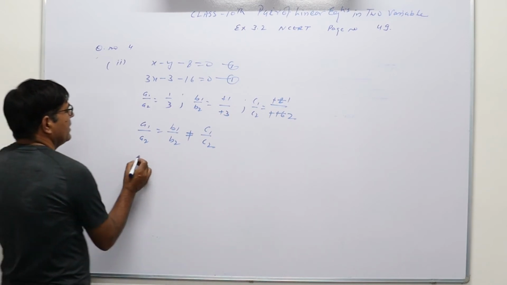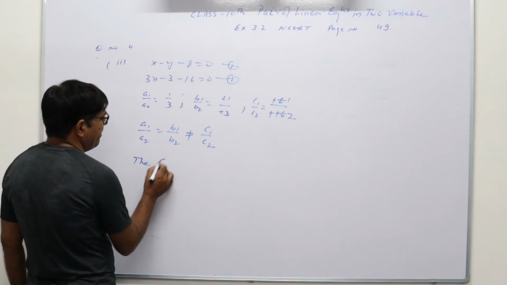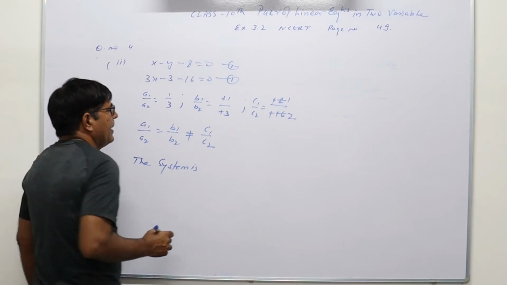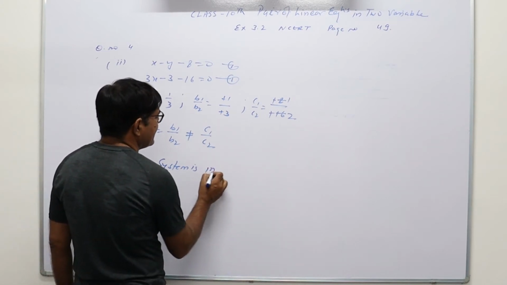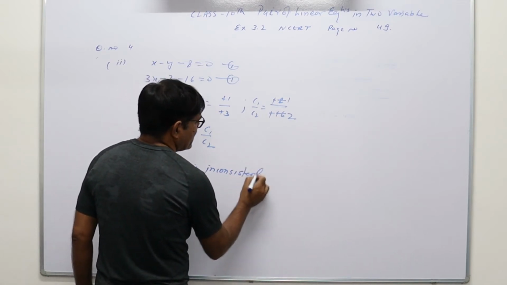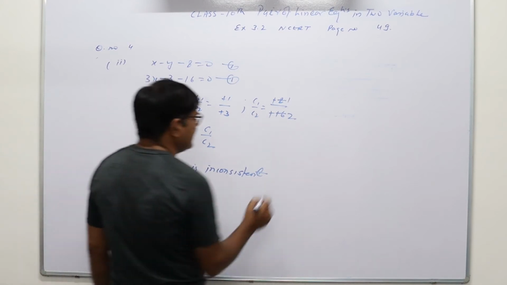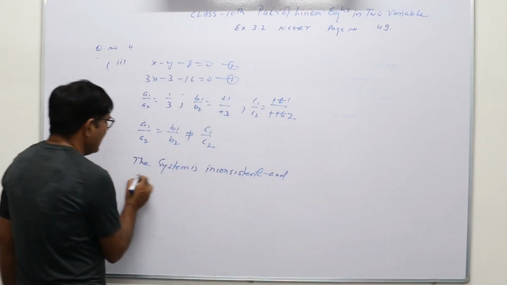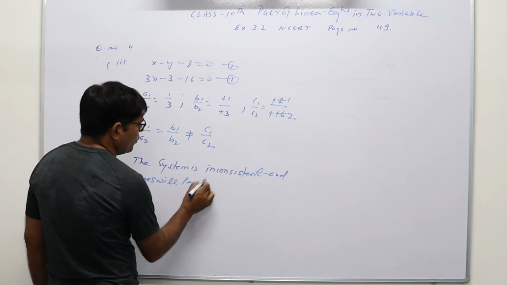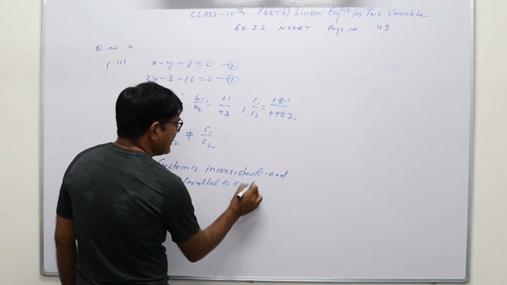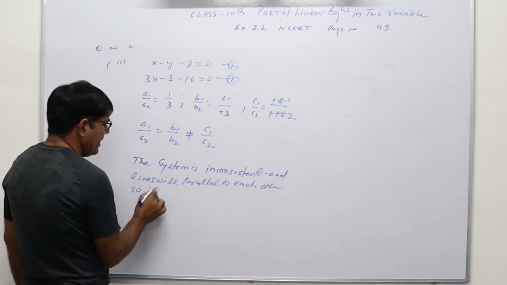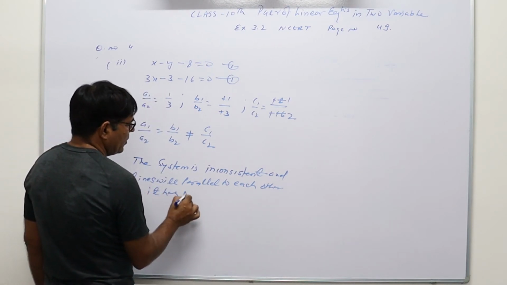So the system is inconsistent and the lines will be parallel to each other. So it has no solution.